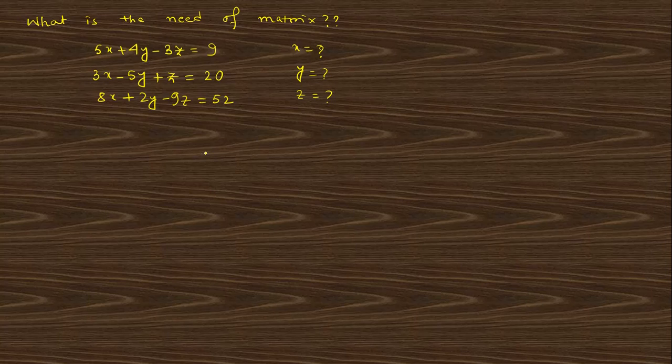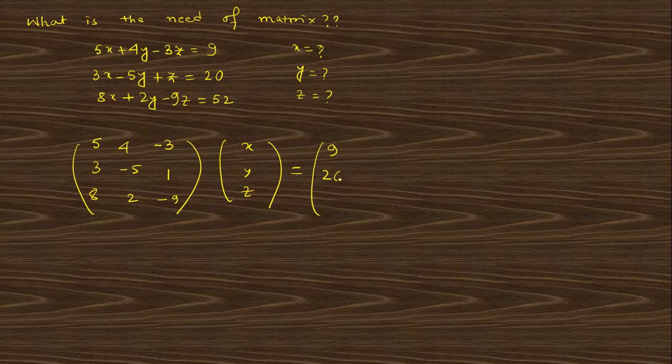It is a long process, but if we want to write these three equations in matrix form, we can write this as the matrix with rows 5, 4, minus 3; 3, minus 5, 1; 8, 2, minus 9, that multiplied by x, y, z equals 9, 20, 52. This is a formation of matrix.